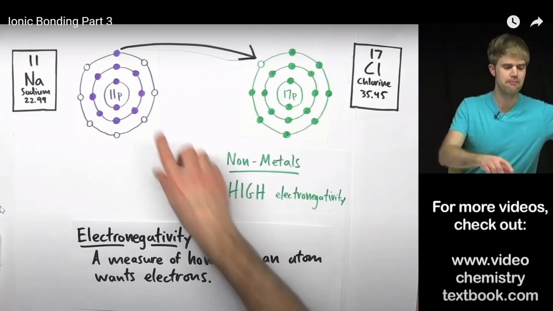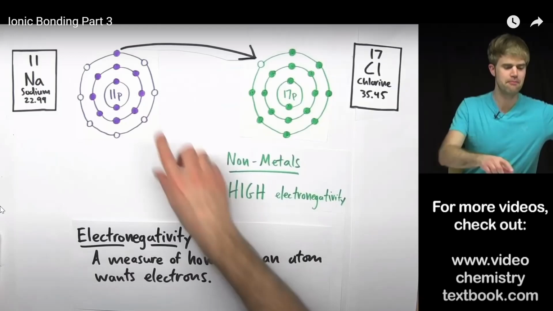How many protons are in that nucleus? 11. So there are 11 things pulling on that electron, yes? However, what is between the nucleus and that electron on the outside? More electrons. Let's count how many are in between this outer shell and the nucleus. We got 1, 2, 3, 4, 5, 6, 7, 8, 9, 10.